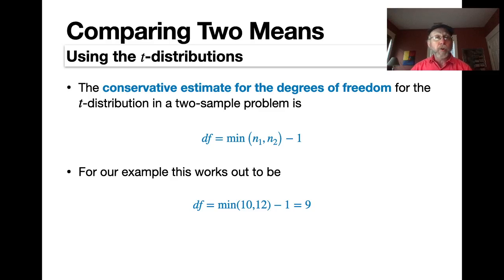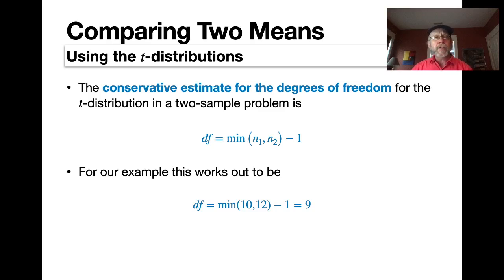That's called the conservative estimate for the degrees of freedom. And for our example, it works out really simply, as it will for any example. We've got sample sizes of 10 and 12, so the minimum is 10. Take 1 away from that, and you've got 9. So the conservative estimate for the degrees of freedom is 9 for our problem.